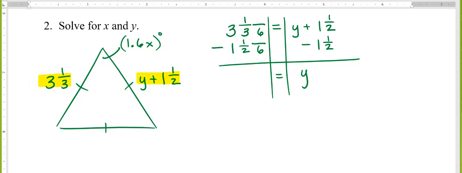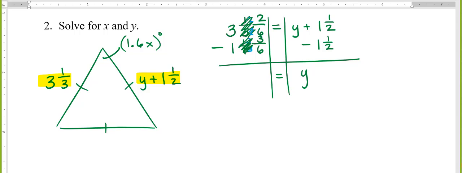3 times 2 gives me 6. So what's 1 times 2? 2? All right. 2 times 3 gives me 6. So 1 times 3 is 3.